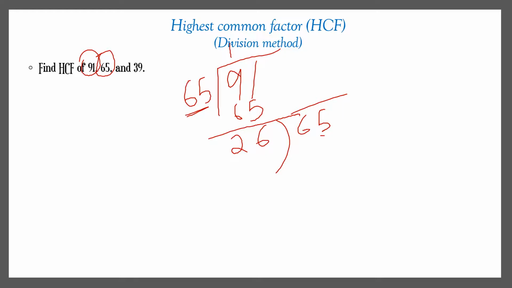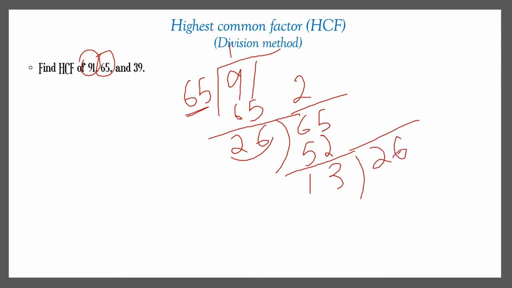Now if we multiply 26 with 2, we get 52. What's the remainder? 13. Again 26 is greater than 13, so we can write 26 here, and again we can divide it with 13. So 13 twos are 26. Now we have got 0 here. Now we are left with 13 here and this number 39.